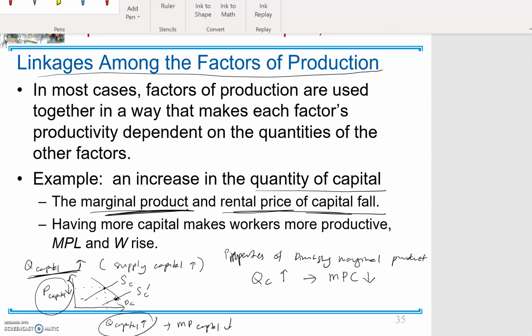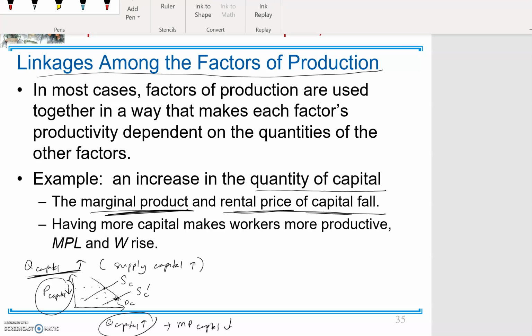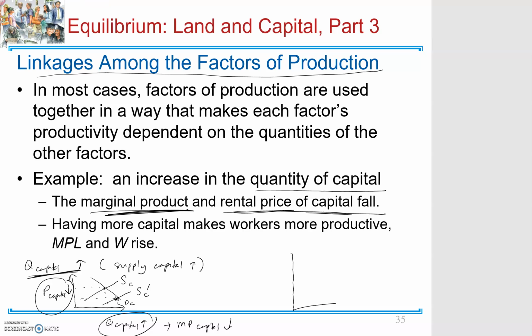We want to show that what happens in the capital market will also have some effect on the labor market. Okay, this one is capital. Now we look at what happens to the labor market. Okay, now capital we have more.